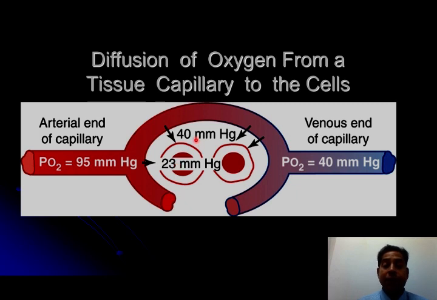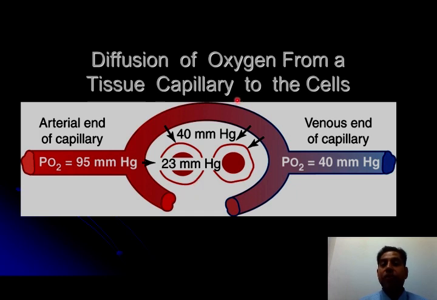And in the meantime, the tissues are at 40 millimeters. So there's always a gradient between the capillary and the tissue and between the tissues and the cells, with the gradient favoring the movement of oxygen from the capillaries into the interstitial space and into the cells, so that the oxygen-starved cells can get the oxygen from the capillaries.